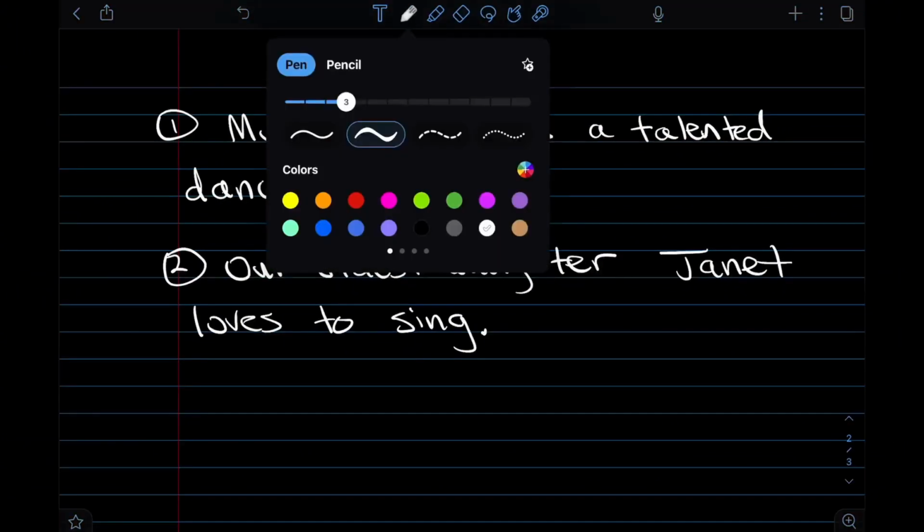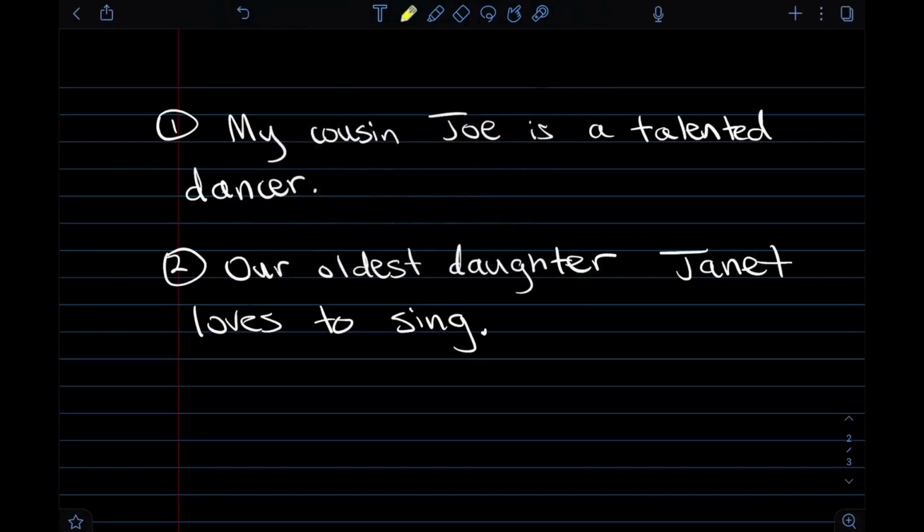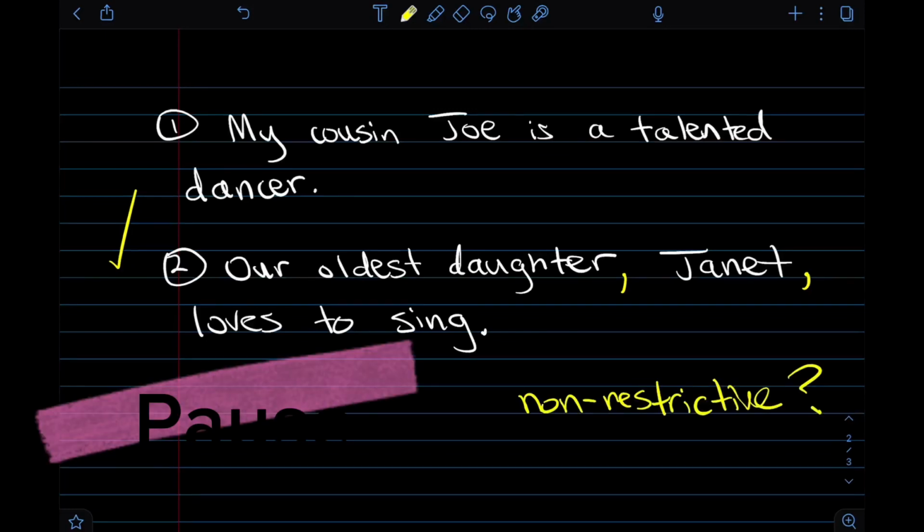Okay, so one of these statements, as I said, includes a parenthetical, the other does not. I know this is a little bit tricky, but here it is. It's the second one. The second one requires two commas, here and here. Our oldest daughter, Janet, loves to sing. Now, why is that? Why is this non-restrictive?